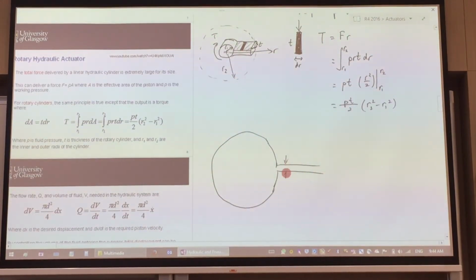This inlet port will have a diameter D, and this is the center where the shaft is, and this is where the plate or the vein is going to be, and I have an output over here.